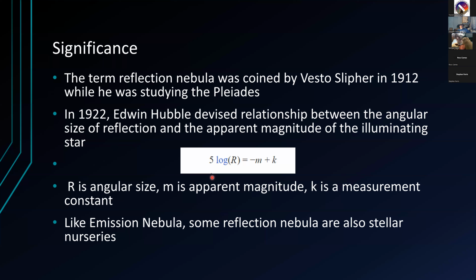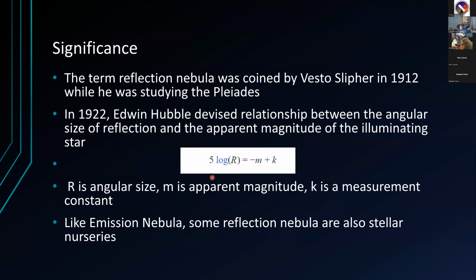As part of that, Edwin Hubble also comes into this picture, telling us a little bit more about reflection nebulae. While he was studying what was at the time known as nebulae, but we now refer to as galaxies, he devised a mathematical formula, which is shown here, that relates the visible magnitude of the star or star cluster to how bright and wide the reflection nebula is.